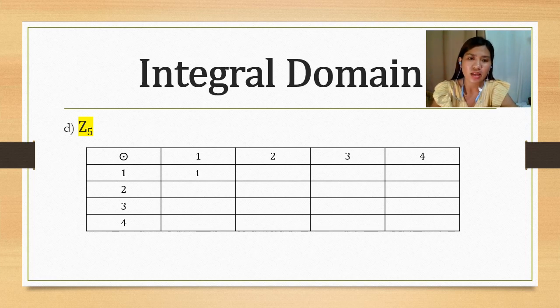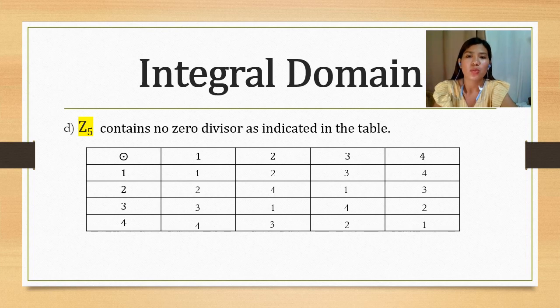We have 1 circle dot 1 is equal to 1, 1 circle dot 2 is equal to 2, 1 circle dot 3 is equal to 3, 1 circle dot 4 is equal to 4. 2 circle dot 1 is equal to 2, 2 circle dot 2 is equal to 4, 2 circle dot 3 is equal to 1, 2 circle dot 4 is equal to 3, 3 circle dot 1 is equal to 3, 3 circle dot 2 is equal to 1, 3 circle dot 3 is equal to 4, 3 circle dot 4 is equal to 2, 4 circle dot 1 is equal to 4, 4 circle dot 2 is equal to 3, 4 circle dot 3 is equal to 2, 4 circle dot 4 is equal to 1.